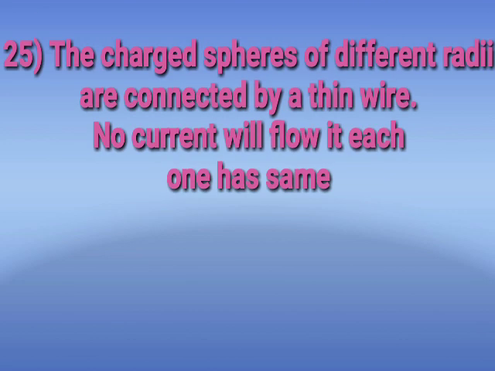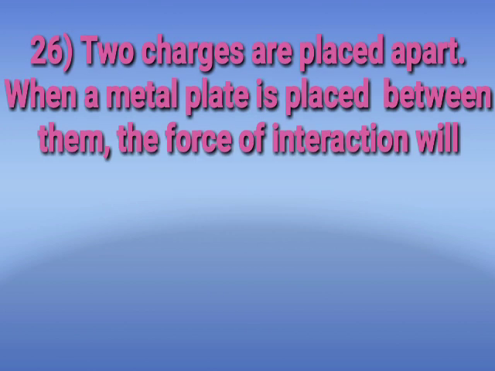Charged spheres of different radii are connected by a thin wire. No current will flow if each one has the same potential. Two charges are placed apart. When a metal plate is placed between them, the force of interaction will increase.